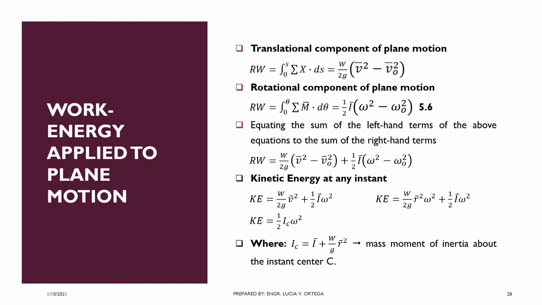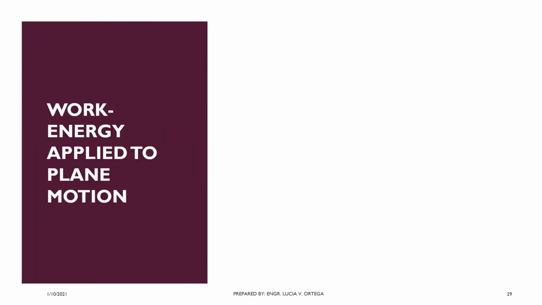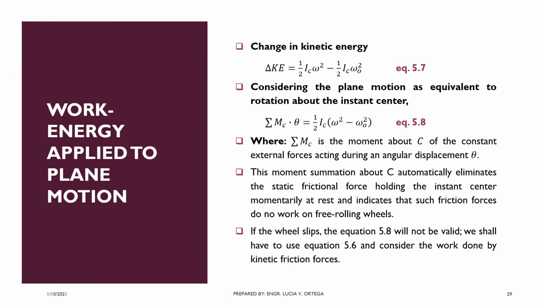That is common, so you can substitute in this form. It is the mass moment of inertia about the instant center. So the change in kinetic energy is given by equation 5.7. You have to consider the initial angular velocity and the final angular velocity.